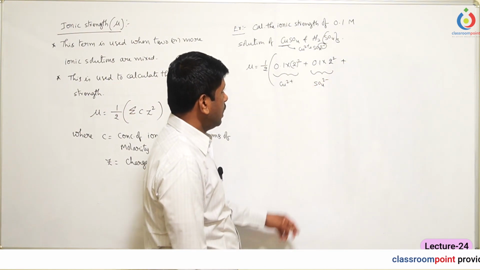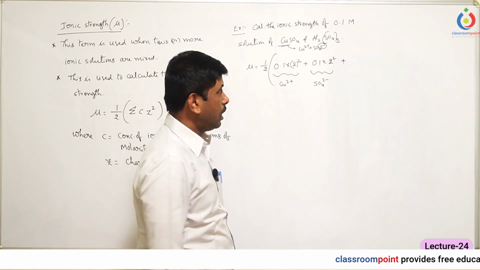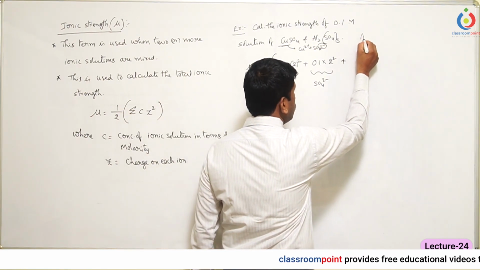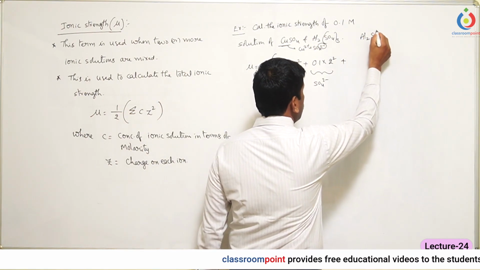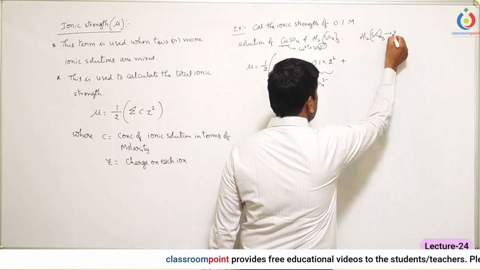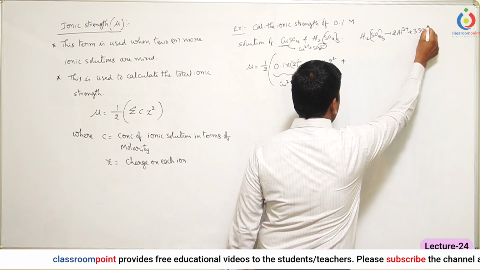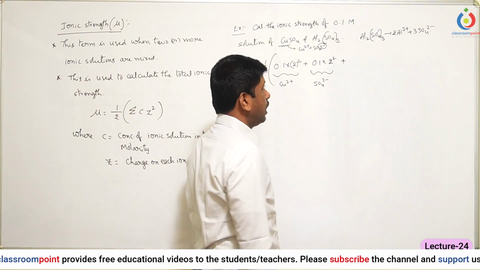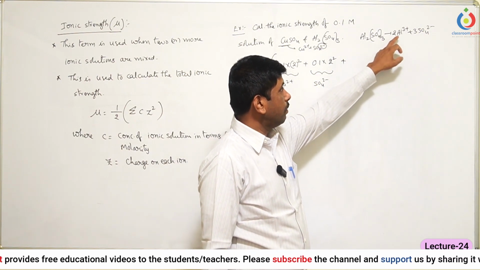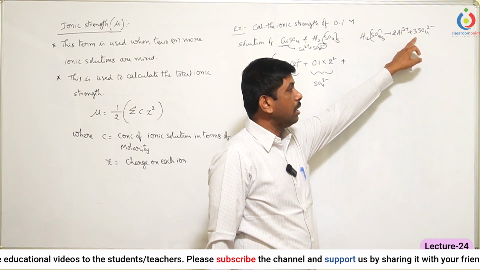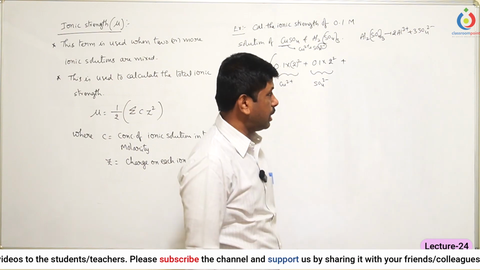Plus, now let's come to the aluminum sulfate. We know that Al2(SO4)3 dissociates into 2 Al3 plus ions and 3 SO4 2 minus ions. So there are 2 Al ions with 3 plus charge, and 3 sulfate ions with 2 minus charge.